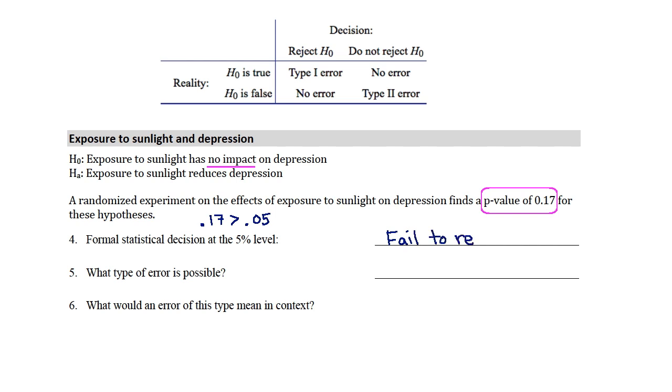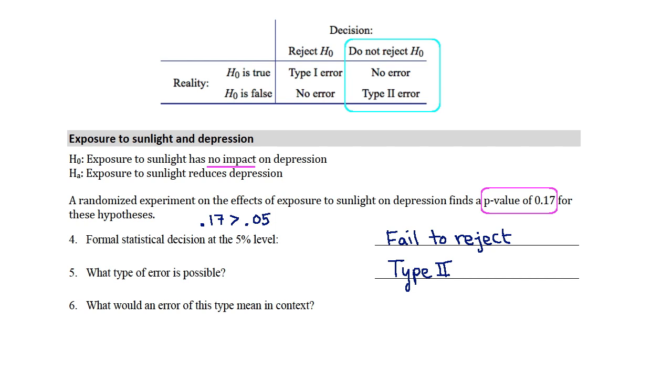This large p-value does not give us statistically significant evidence that HA is true, meaning that exposure to sunlight reduces depression. Given that we failed to reject, the only type of error that is possible is a type 2 error, so this part of our answer is automatic, type 2. To say what this means in context, we need to establish both parts of this.